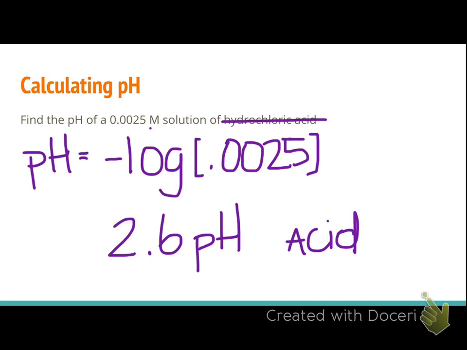Okay? So you're just putting negative log, putting in your concentration. So those of you using a TI 83 or higher, that log button is down your left-hand side of your keys.